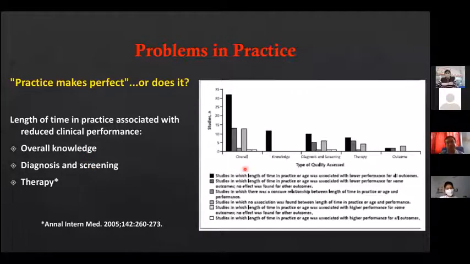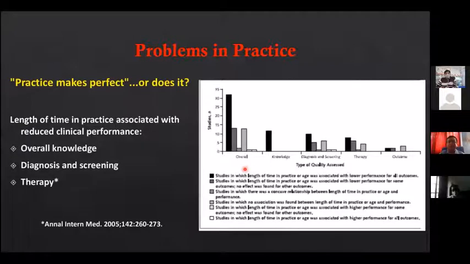So this study concludes that the more time you spend in practice, or the more experienced you are, the more your knowledge, and your ability to diagnose and provide the appropriate therapy or treatment modality, will decrease. Most of the time it is said that practice makes perfect, but in our profession it was observed that exactly the inverse was happening.